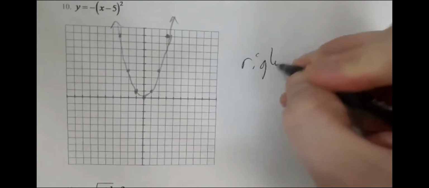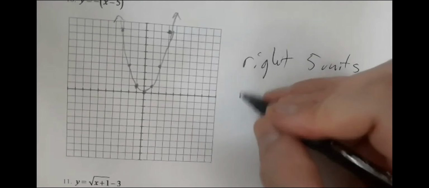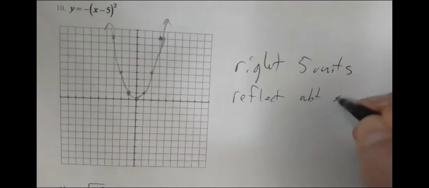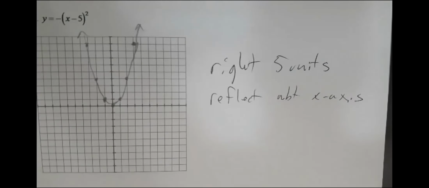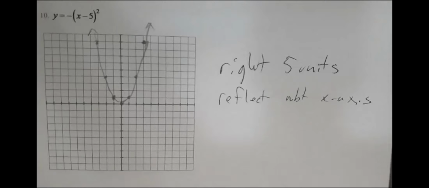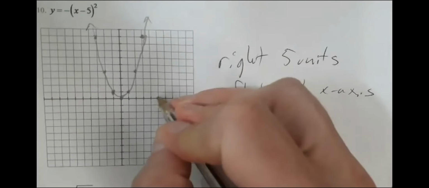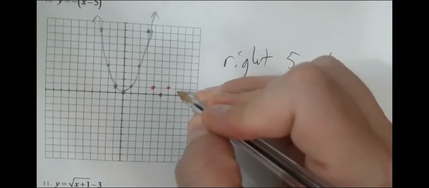And just put it on here, right? Then shift 5 units, and then reflect about the x-axis. These are the two things that we want to do. So the next thing, I want to move this right 5 units. So I'm going 1, 2, 3, 4, 5. And I'm just going to do 3 points.